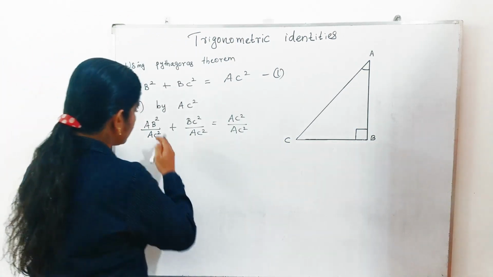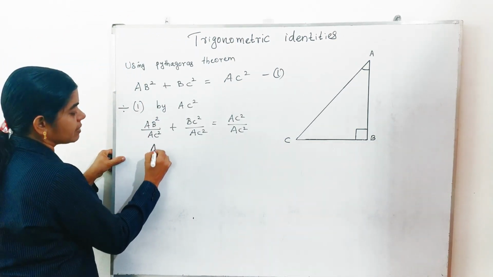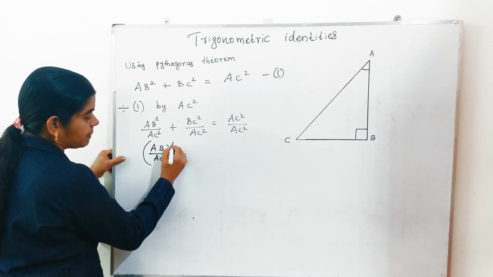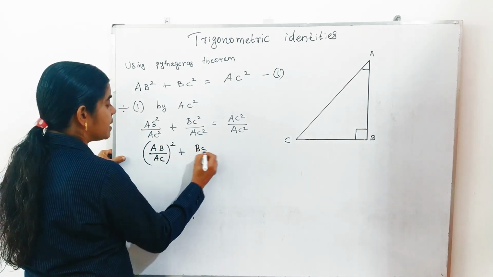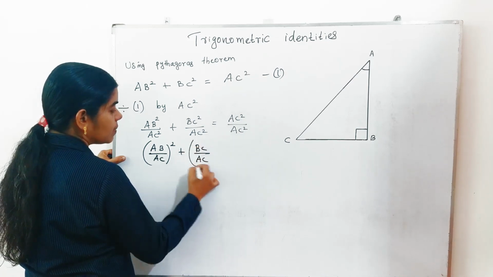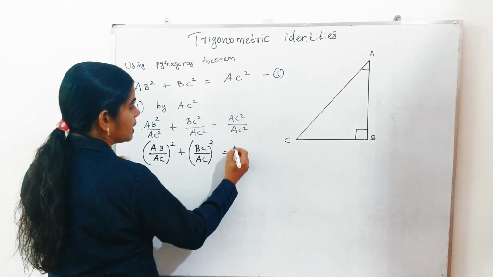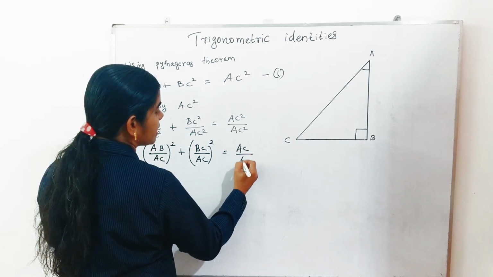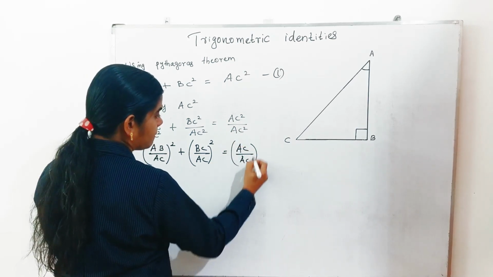Then I am giving the whole square: AB by AC whole square plus BC by AC whole square is equal to AC by AC whole square.